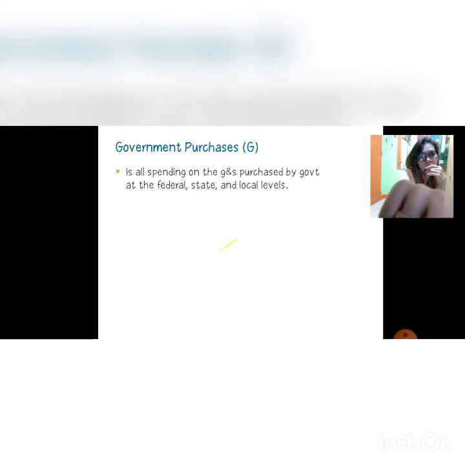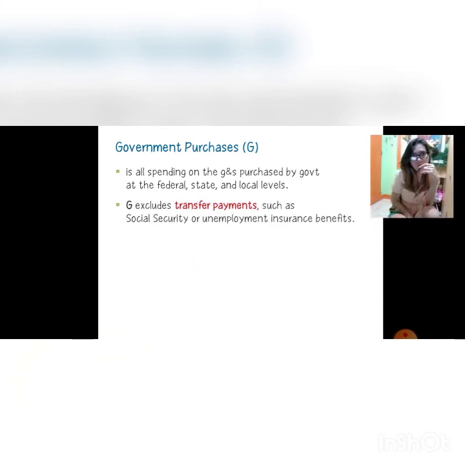G excludes transfer payments such as Social Security or unemployment insurance benefits. Transfer payments. Kabaw naman mo ani, di ba? You know this already.